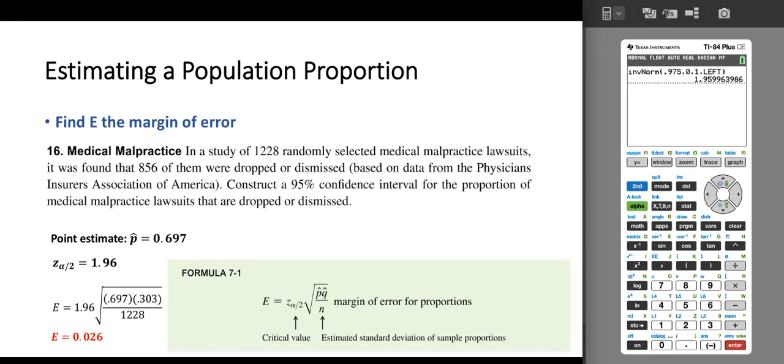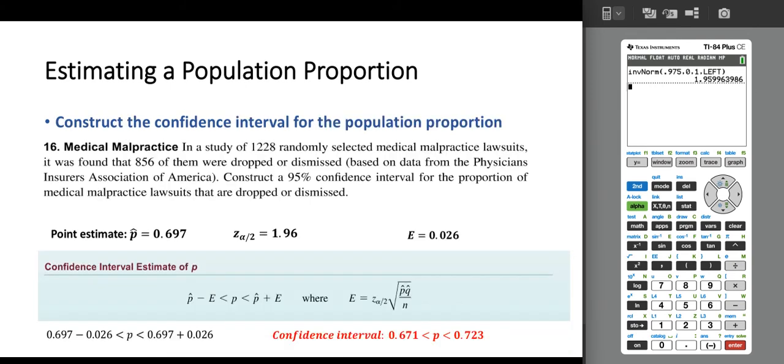We have our point estimate, and that's all we need to construct our confidence interval. So the confidence interval is that our value of P, which is, remember, our true proportion, is going to be between P hat plus or minus E. So P hat is 0.697, E is 0.026.